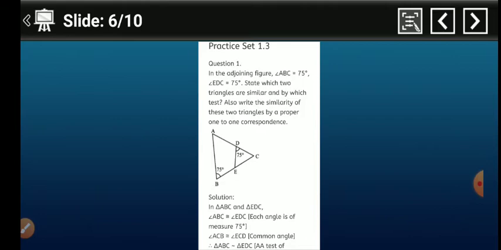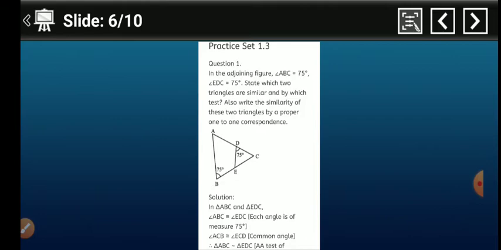Here we have to consider the figure, and in this figure we can see angle B and angle D are the same, that is 75 degrees. So that is one congruent angle.